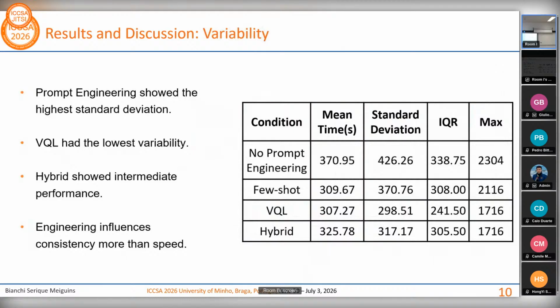The no prompt engineering condition had the highest standard deviation. In other words, more variability. The higher the standard deviation, it means it was the less stable condition, and VQL had the lowest variability, while the hybrid approach showed intermediate behavior.